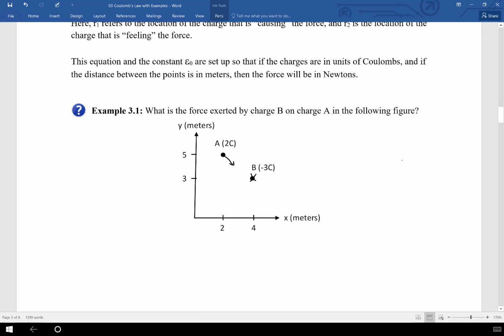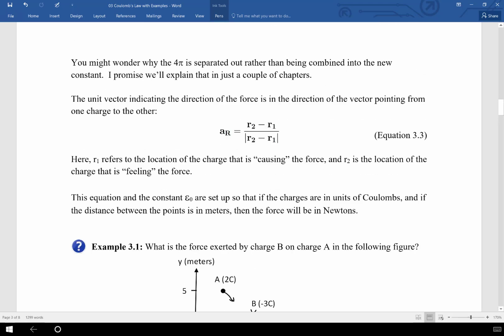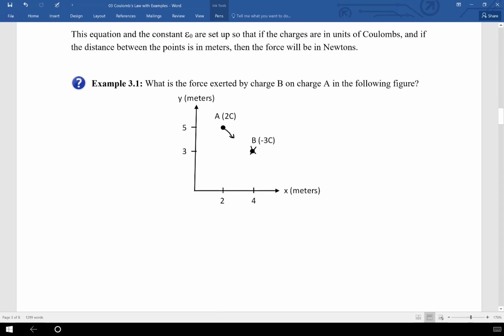So let's consider what is the vector R2. R2, if I look up here, is the location of the charge that is feeling the force. And in this case, clearly the one that is feeling the force is A. So we're going to say that R2 is equal to R sub A, which is just going to be 2A sub x plus 5A sub y.